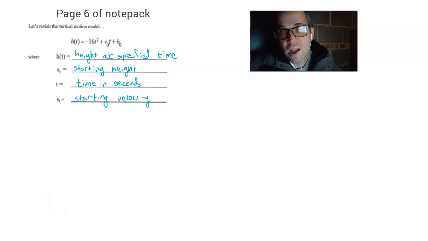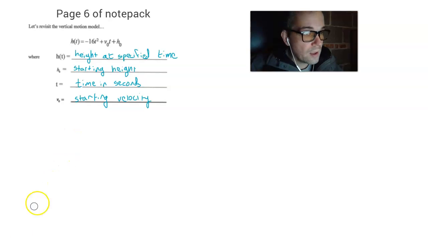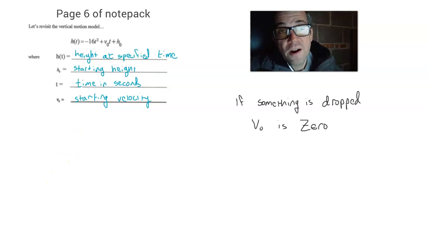Some of them we're not going to worry about right now. But the important thing, before I even pause the screen, is that in a lot of the problems we give you, we're going to say something like, this fishbowl was dropped, or this Jolly Rancher was dropped, or this book was dropped. If I take a pen, for example, and I drop it, the initial starting velocity is 0.